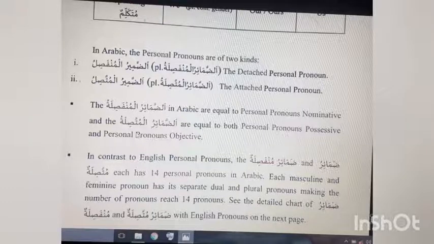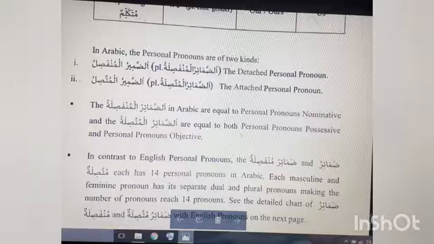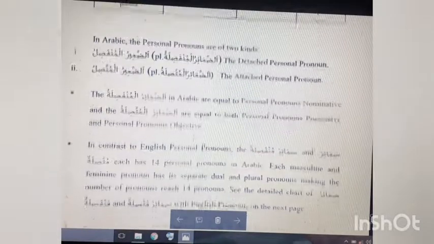Now we will first discuss الضمائر المنفصلة. The ضمائر منفصلة, detached pronouns in Arabic, are equal to personal pronouns nominative, and the الضمائر المتصلة are equal to both personal pronouns possessive and personal pronouns objective.